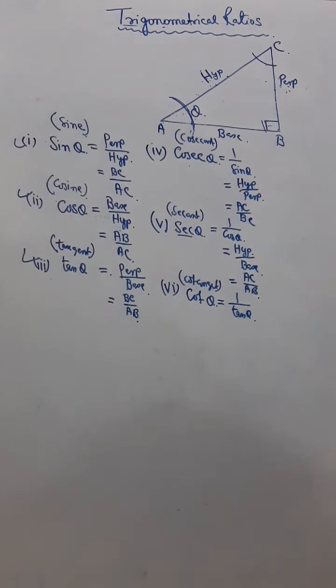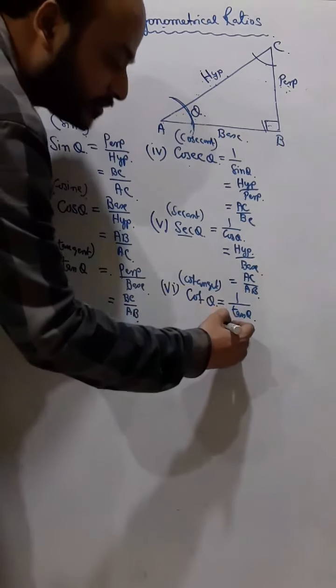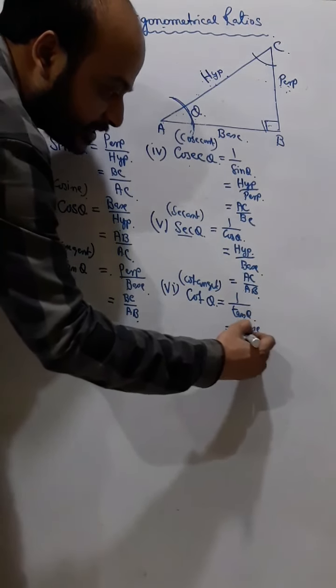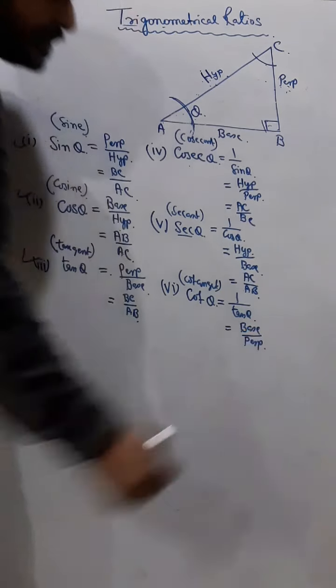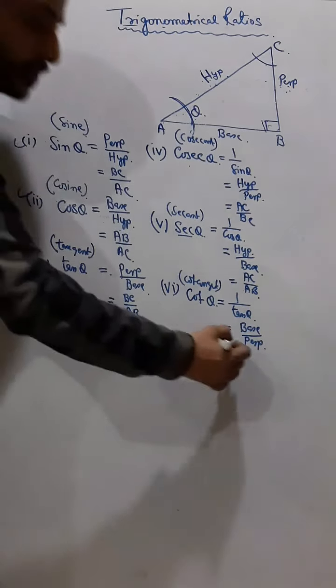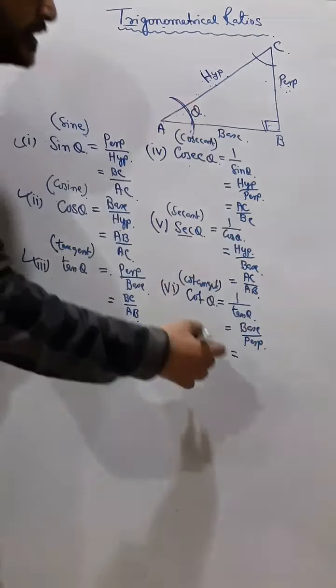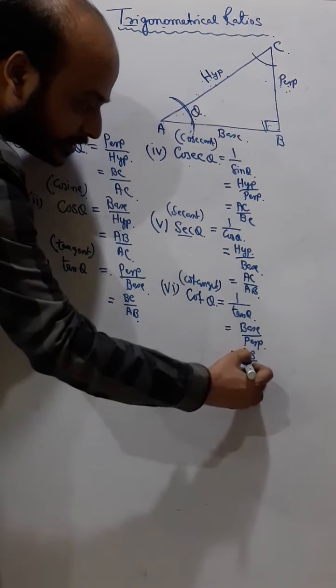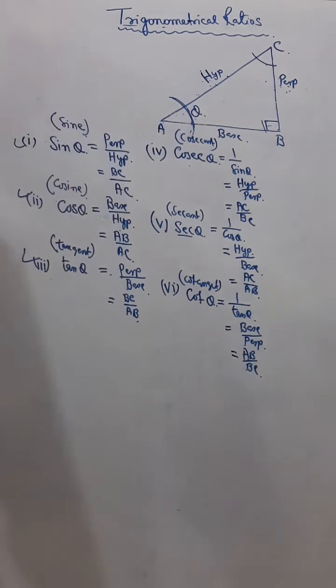So that means it is base by perpendicular. So according to this figure we can say it is AB by BC. AB by BC. Understand? So these are the 6 main trigonometrical ratios that will be required in this chapter.